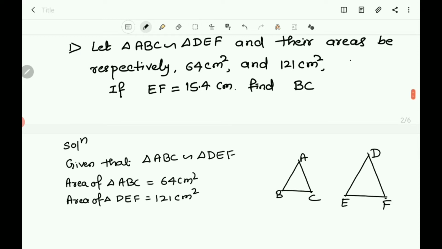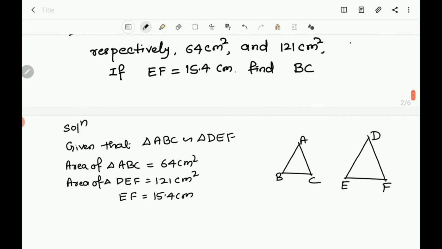Next, what is given? EF is equal to 15.4 cm, and the question mark is for BC, because BC we have to find out.